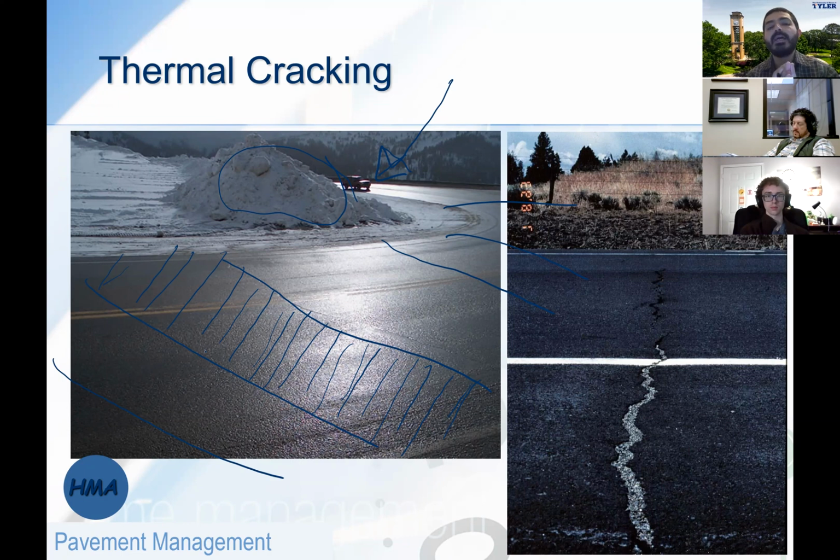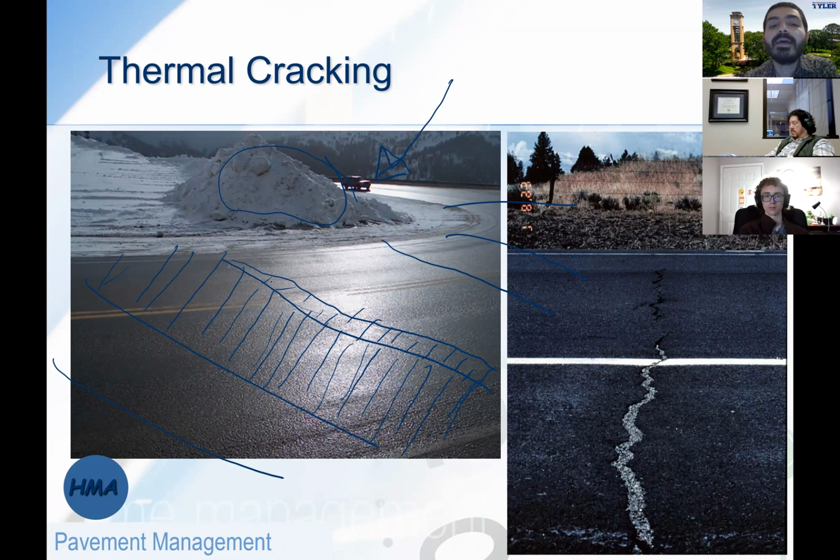And that will generate lots of internal tension, internal tensile stresses inside the pavement structure. And since asphalt, which is different than Portland cement concrete, doesn't have the concept of a joint, it's a continuous structure.